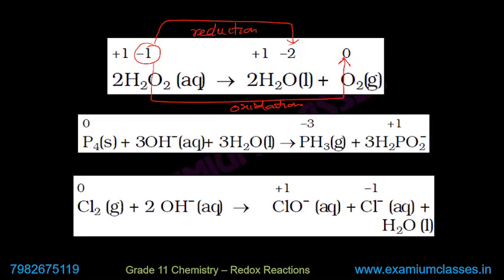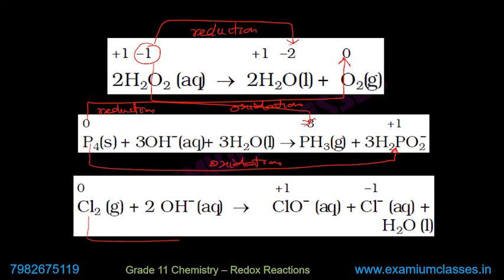Similarly, P4 in its elemental form, any element has zero oxidation state, so that's why 0 here. From 0 to -3 it is reduction. From 0 to +1 it is oxidation, increased.